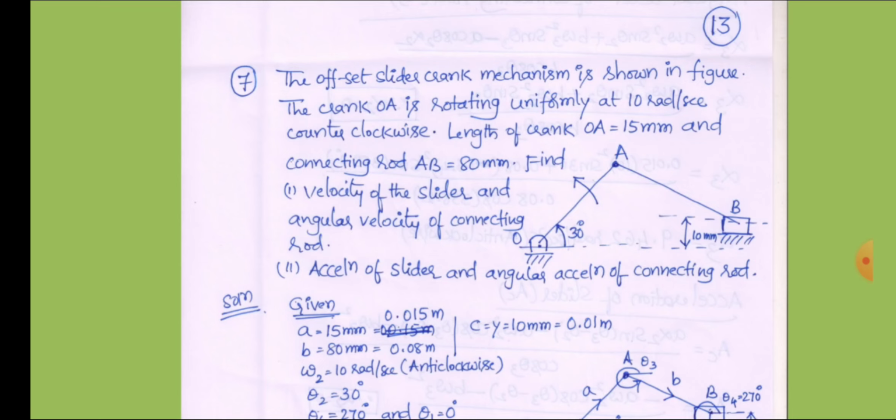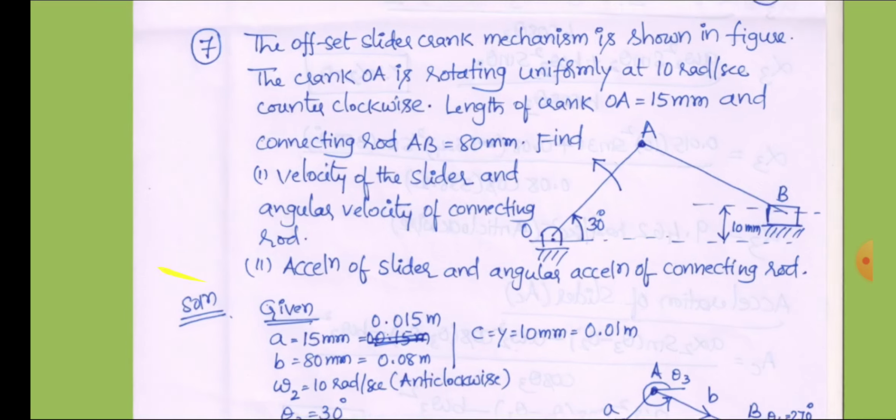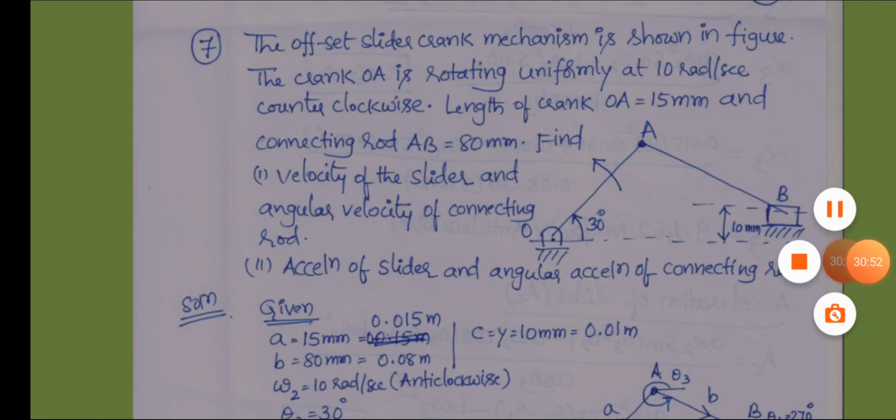The crank OA is rotating uniformly at 10 radians per second counterclockwise, and the length of crank OA is equal to 15 mm and connecting rod AB is equal to 80 mm. So find the velocity of slider and angular velocity of the connecting rod. Second, the acceleration of slider and angular acceleration of the connecting rod.